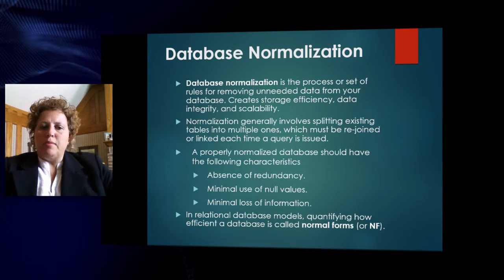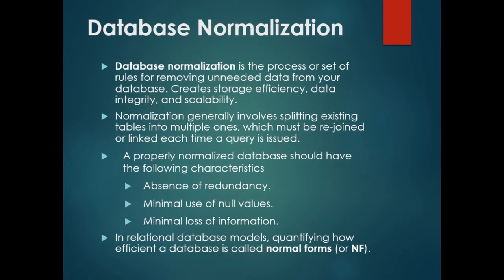Typically, in a properly normalized database, some of the following characteristics are in play. There is an absence of redundancy, minimal use of null values, which just take up space in your database, and also a minimal loss of information.